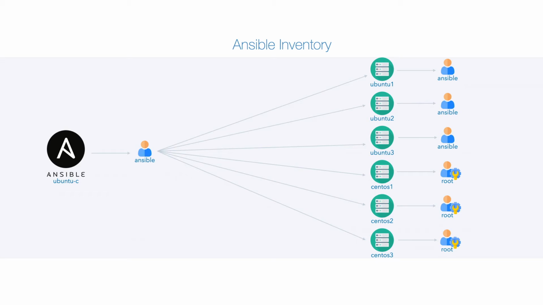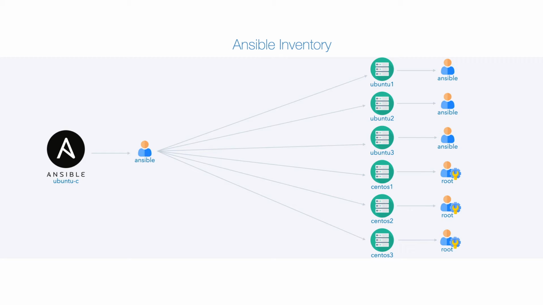Although it's convenient in our lab environment to have direct access as root to our systems, it's more common in the real world to restrict direct root access. We would therefore be expected to connect to our hosts as mortal users and then to escalate to a super user.